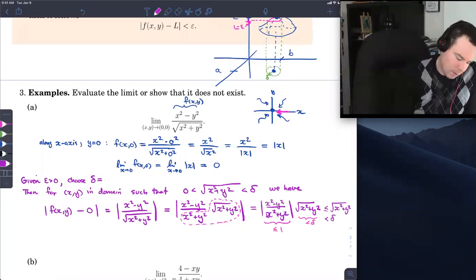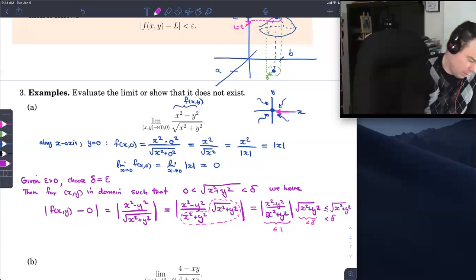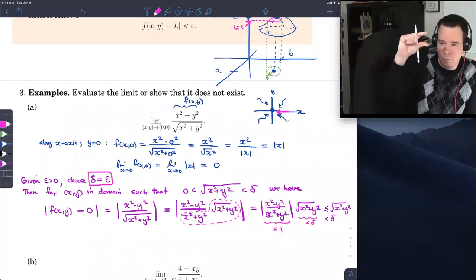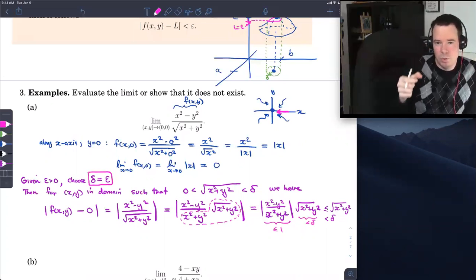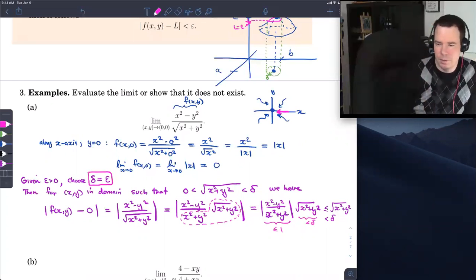That's strictly less than delta by our assumption that we are in this delta radius circle about the origin. And so if that's strictly less than delta, then as long as I choose delta to be the same as epsilon, so notice what I've done now, I've filled in this spot. How am I going to choose my delta? I've got my target for my epsilon interval around the limiting value 0. I'm going to choose the radius of my circle to be the same as that targeting value, that epsilon around the output.